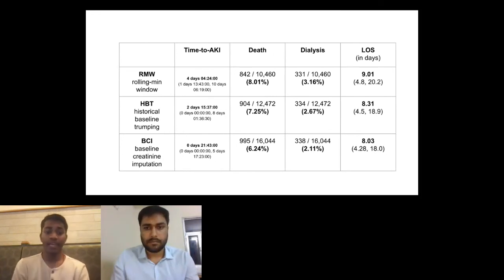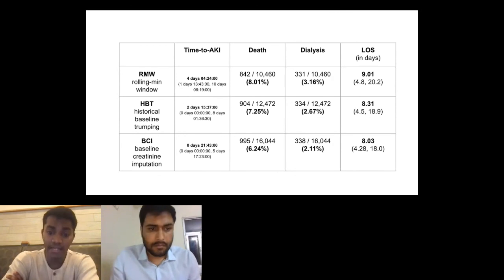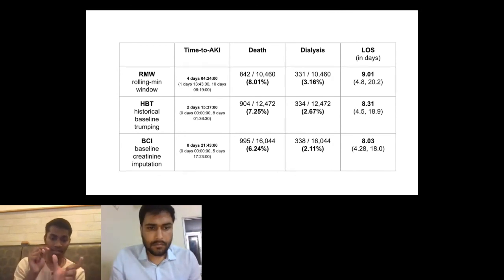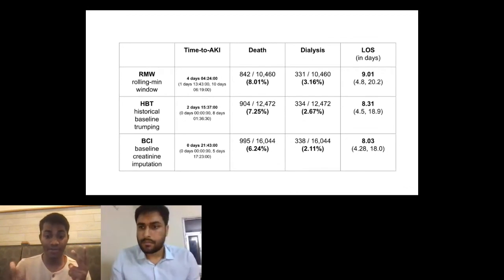The way you should think about it is, if I am looking at values in my locality, then I'm using the rolling minimum window, but until I have two measurements, I'm not able to make that diagnosis. Because we have longer to take the measurements, it takes longer to detect the AKI.